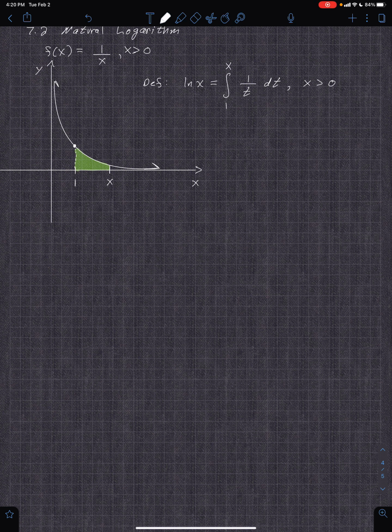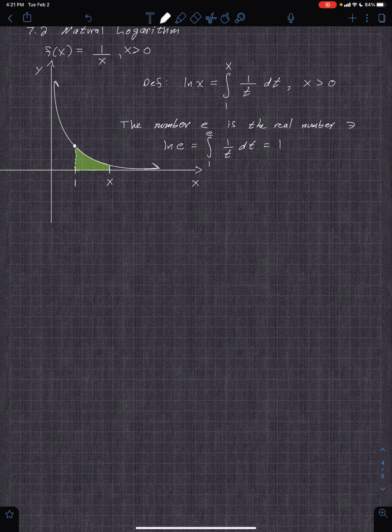So the number e is that number for which you basically have area 1. So the number e is the real number such that ln e, that is the integral from 1 to e of 1 over t dt, equals 1.